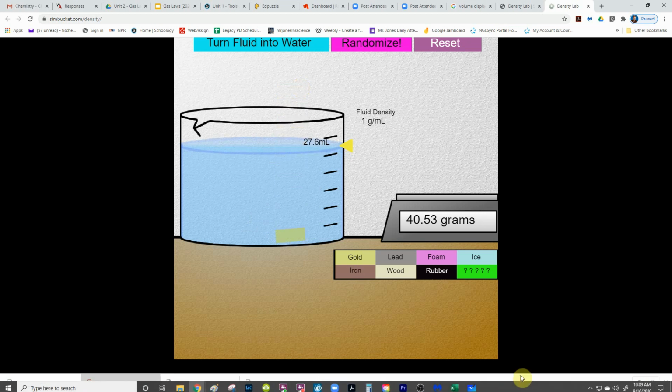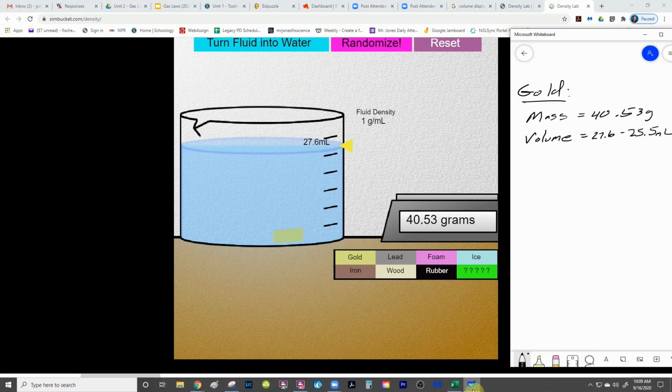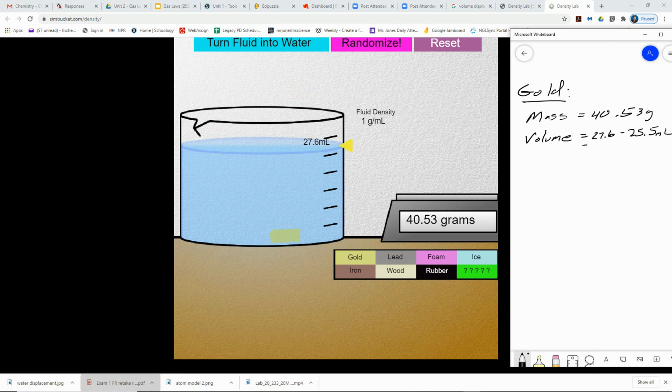Yep, 25.5. Okay, so now we know that our volume will be the difference between those two, so let me bust out my calculator, right? 27.6 minus 25.5, and I get a volume of 2.1 milliliters for that piece of gold.